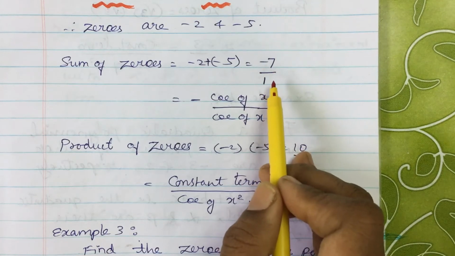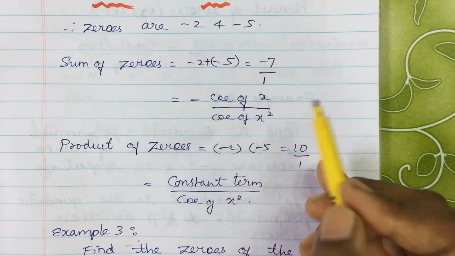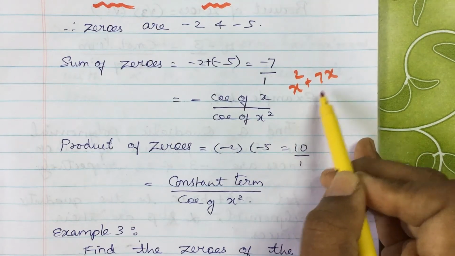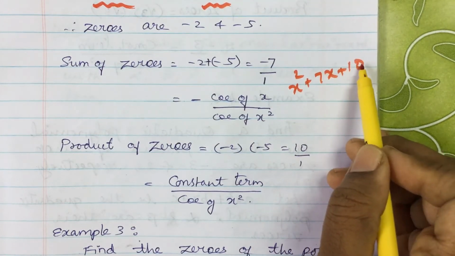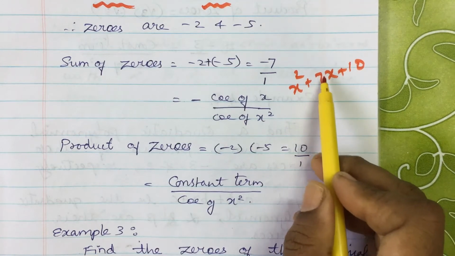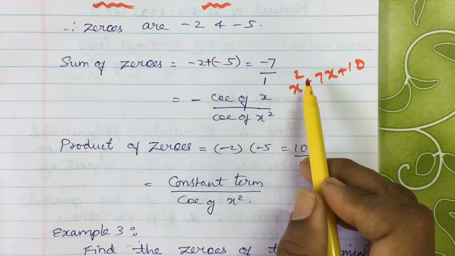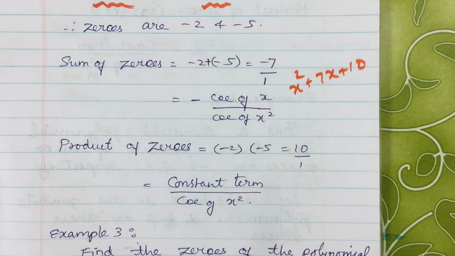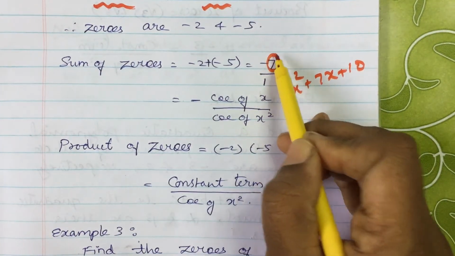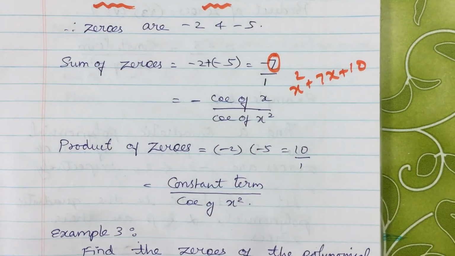Okay, so in order to relate this to the given polynomial, x square plus 7x plus 10, I want to bring this plus 7 into the picture, right? So this is plus 7, and the minus is already there as per the formula.